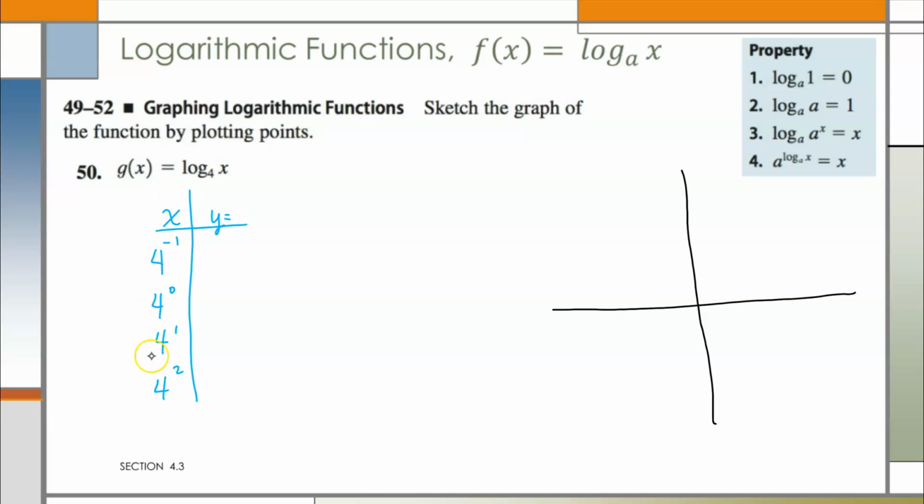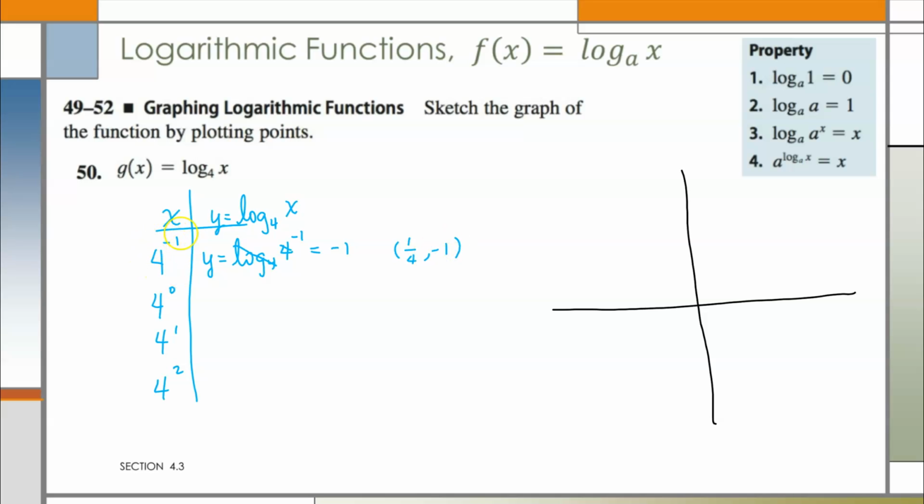Okay, so each of these x's are going to be plugged into log base 4 of x. So if I want y, we're going to take log base 4 of 4 to the negative 1. And what does that equal? Log base 4 and 4 cancel. That equals negative 1. So we're going to be plotting the point (1/4, negative 1).